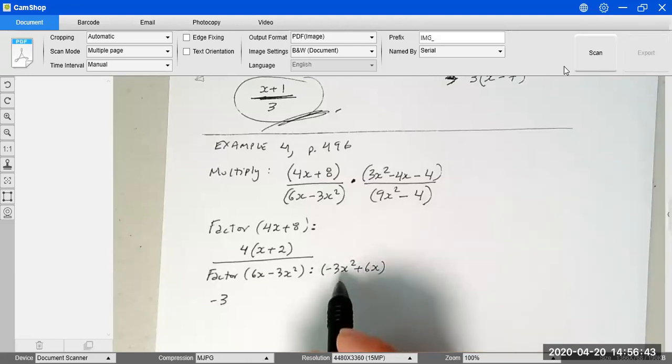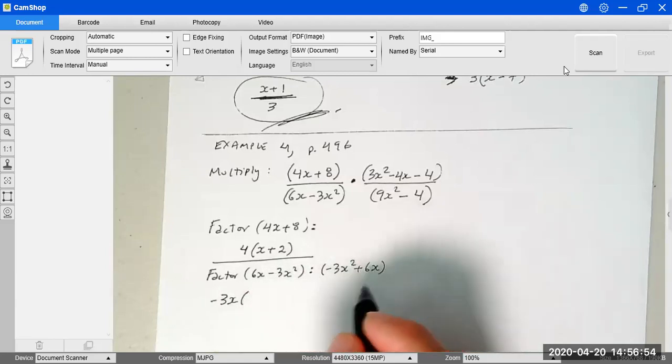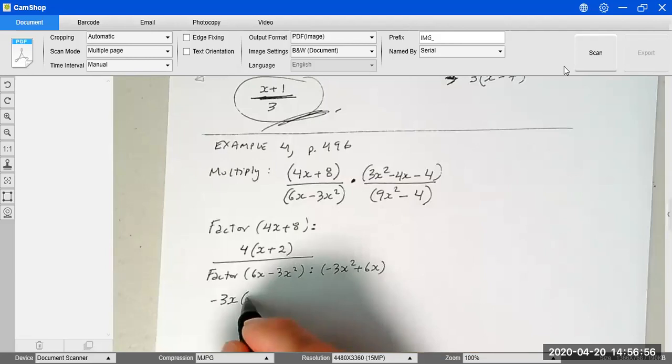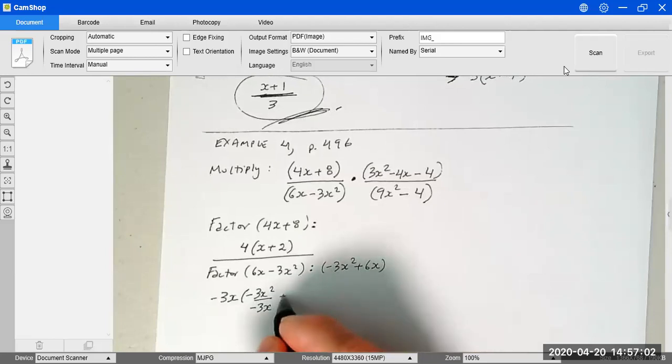Remember, in descending order of powers of x. So now, what is the greatest common factor here? It is negative 3x. Then you can divide every piece. If you are not sure on how to proceed, do it in the old way.